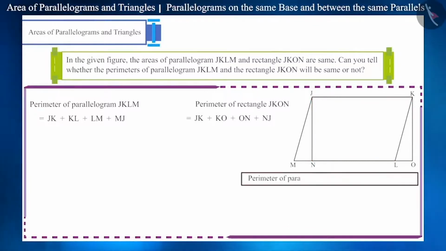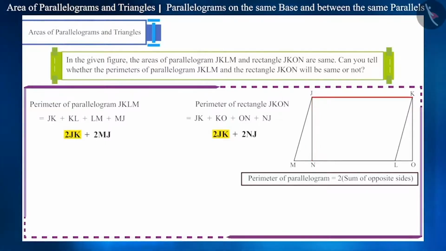Friends, the formula for the perimeter of a parallelogram is 2, the sum of opposite sides. And since the opposite sides of the parallelogram are equal, we can write it like this also. For parallelogram JKLM as 2JK plus 2MJ, and for rectangle JKON as 2JK plus 2NJ.